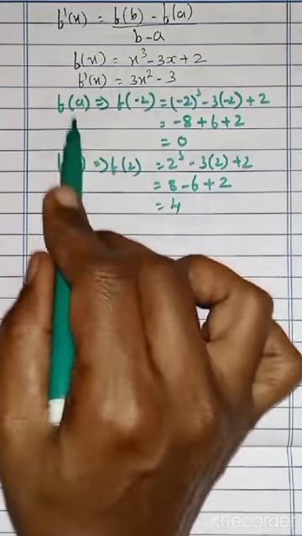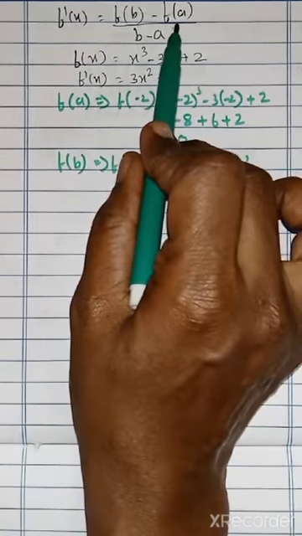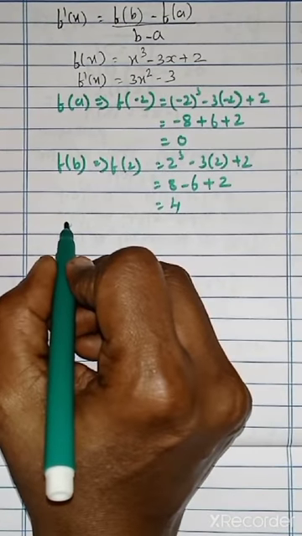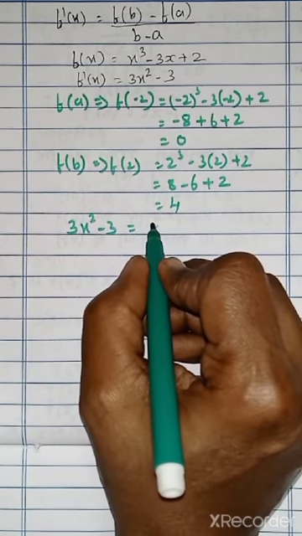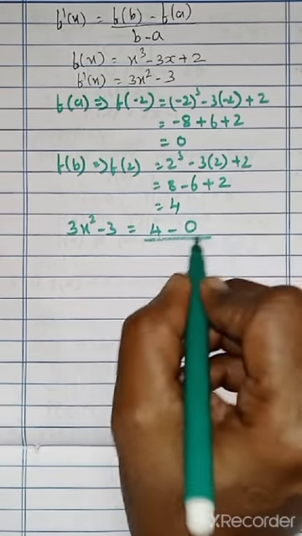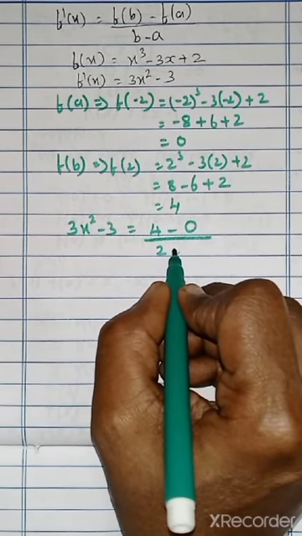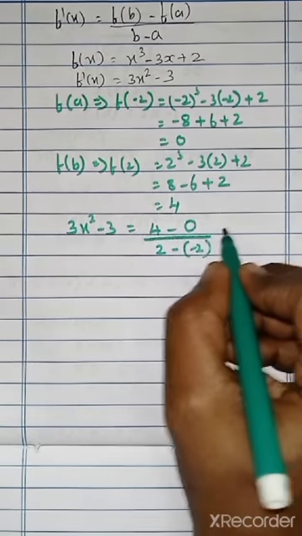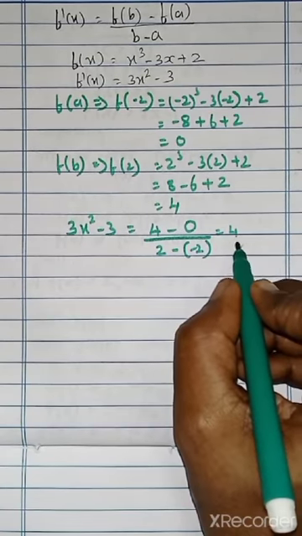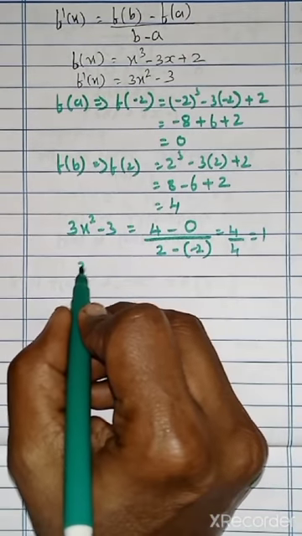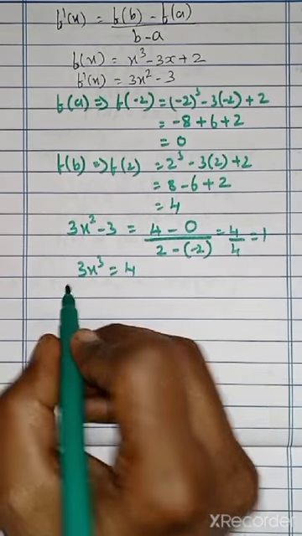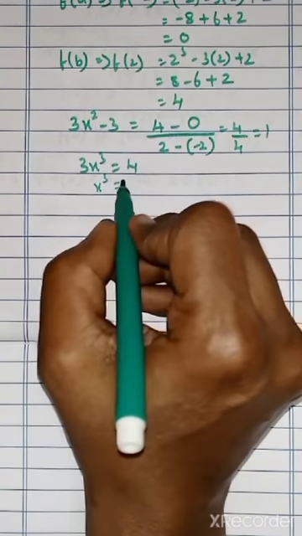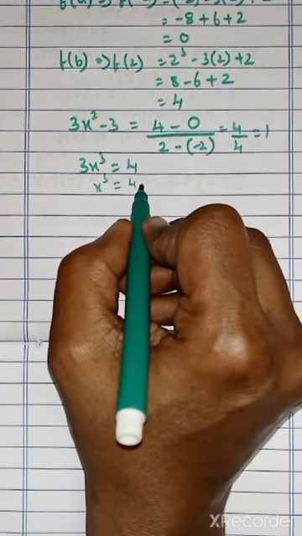Now all these values, f of a and f of b, we have to substitute here. So f dash of x is 3x square minus 3, which is equal to f of b, 4, minus f of a, 0, by b minus a, which is 4. So 4 by 4 is equal to 1. So 3x square equals 1 plus 3, so 3 plus 1 is 4. 3x square is 4, so x square equals 4 by 3.